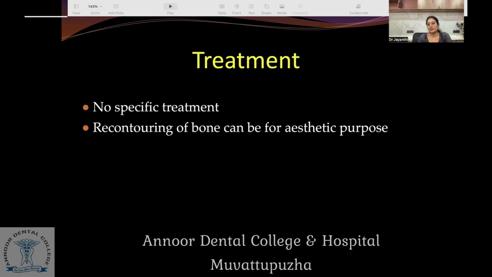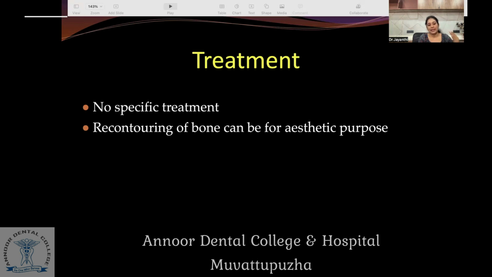Actually, there is no specific treatment because this is a genetic problem. There is a mutation in a gene, and for that you would have to do genetic modification or genetic therapy, so there is no specific treatment. The only thing you need to remember is that when the child gets the swelling first, it will keep growing as the child's bone and age progress.